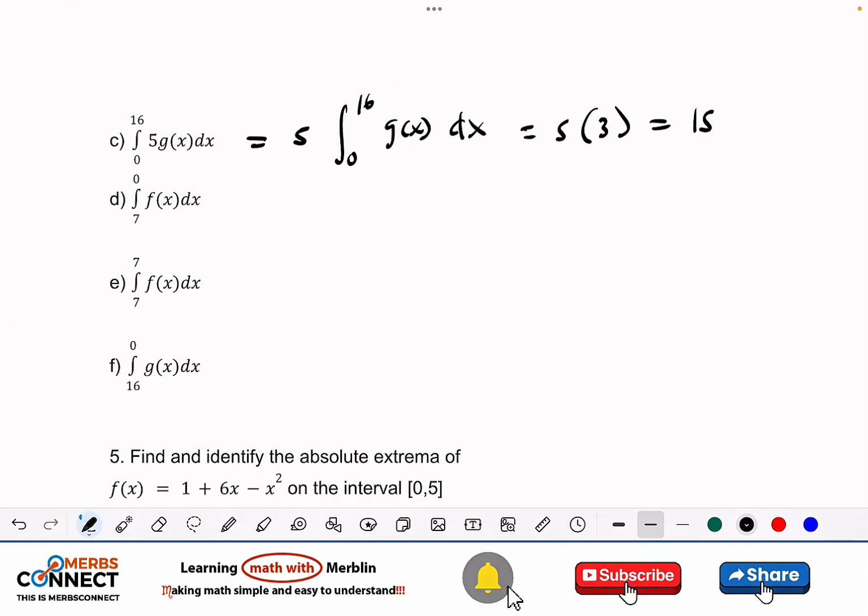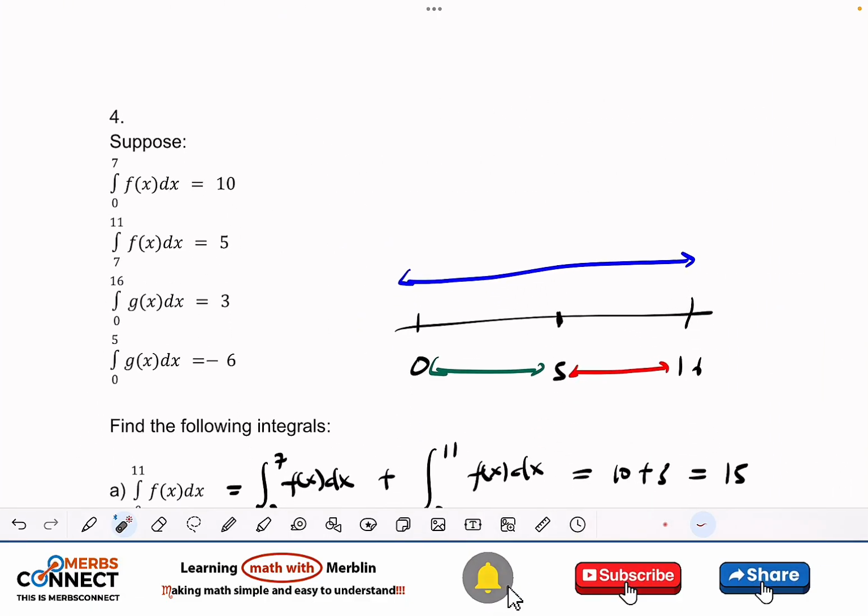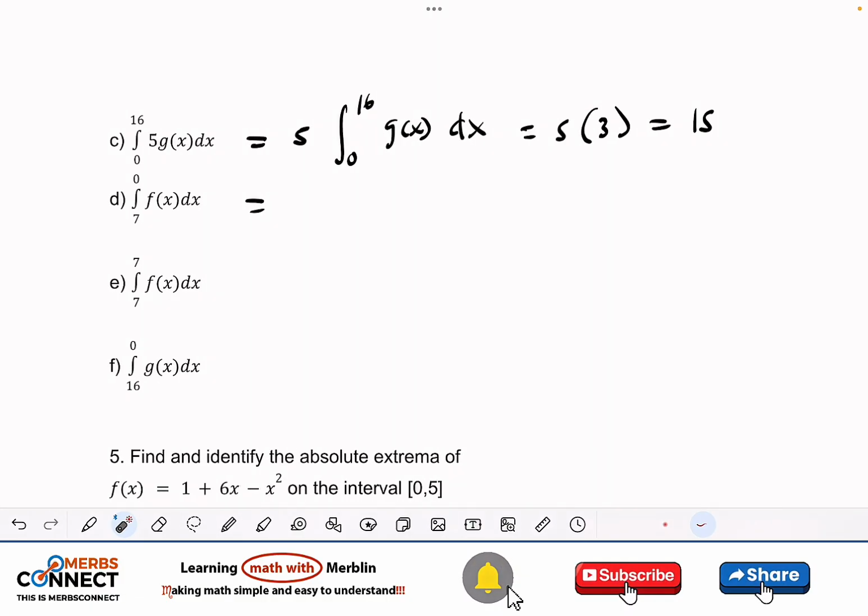Good. This one is from 7 to 0, right? And we have 0 to 7. We don't have 7 to 0. So one property about integration is that I can interchange the 0 and 7.